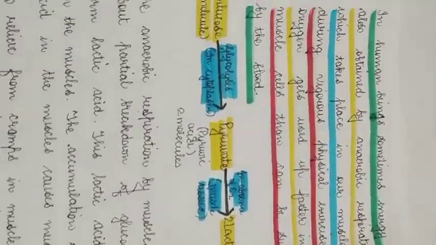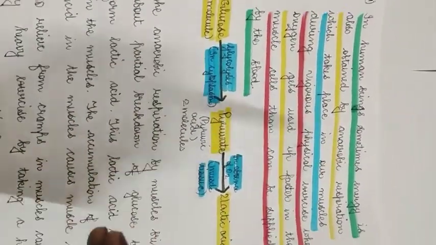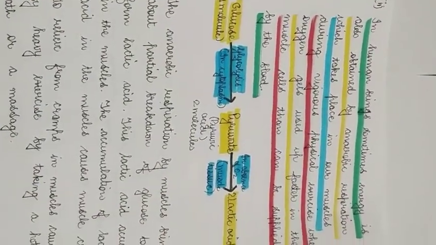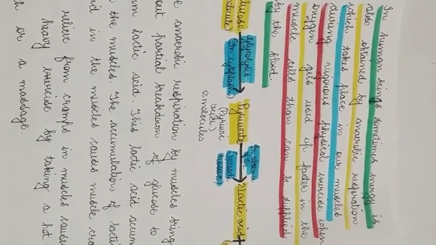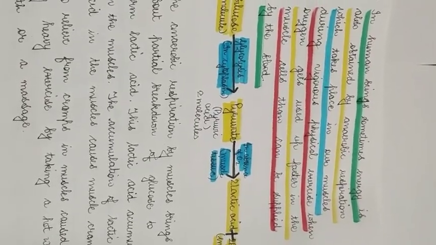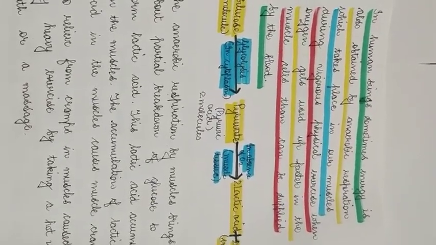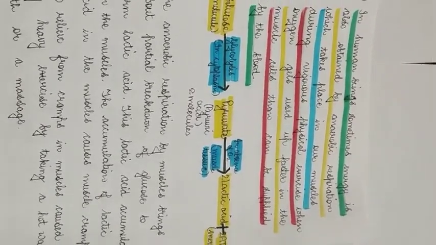So anaerobic respiration will take place. In human beings, energy is sometimes obtained by anaerobic respiration, which takes place in our muscles during vigorous physical exercise, when oxygen gets used up faster in the muscle cells than it can be supplied in the blood.